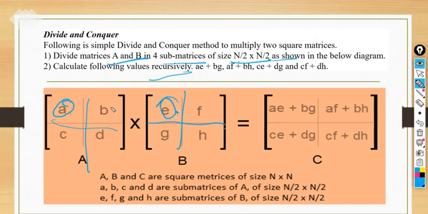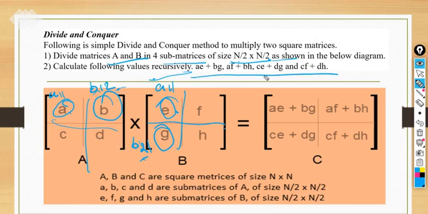Next it will be plus a12 b21, then a11 b12, and here a11 b21. So the row number and column number here must match in order to establish the multiplication. For each and every row and column, you need to find the values recursively. So it's all about divide and conquer.